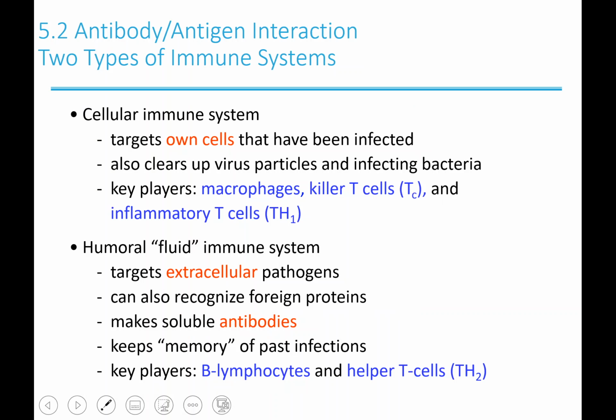Okay, moving on. Section 2 describes antibodies. There are a few different parts of the immune system. The cellular immune system can target the body's own cells that have been infected.